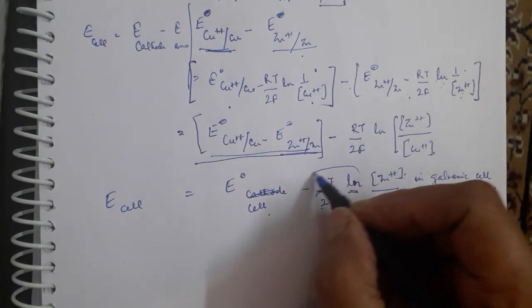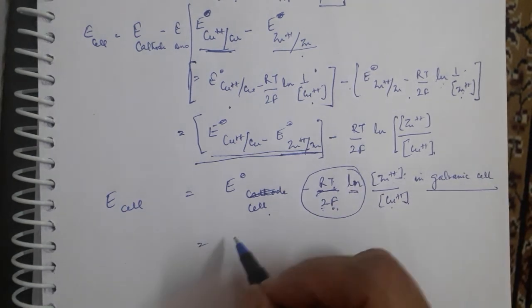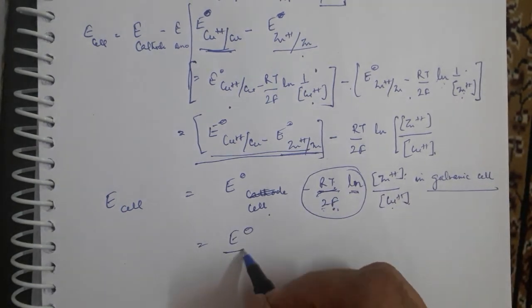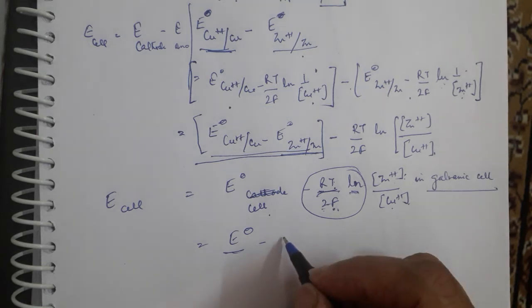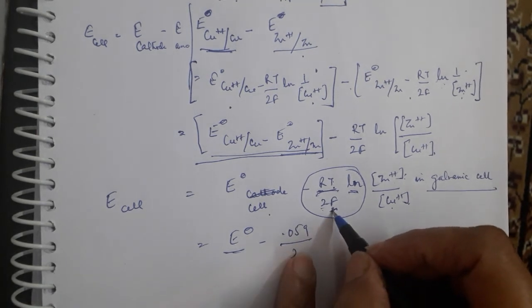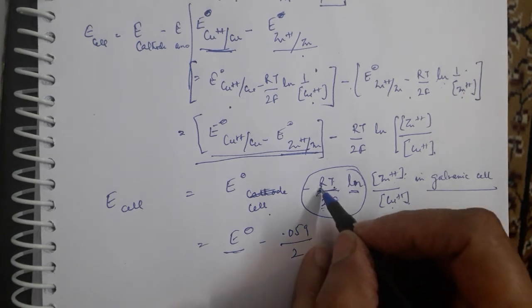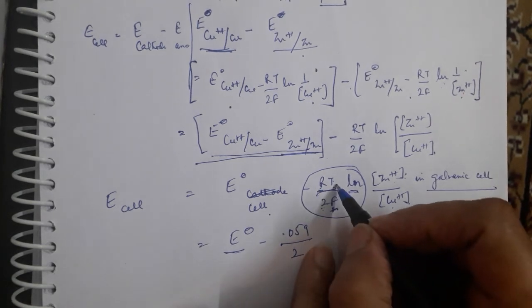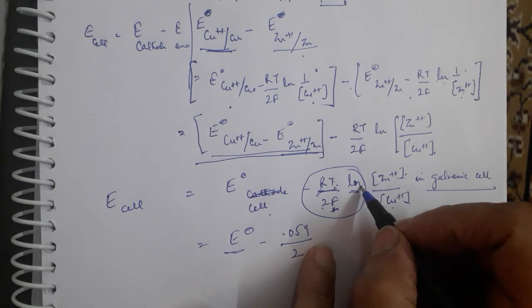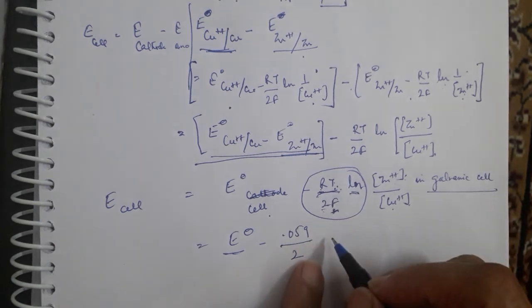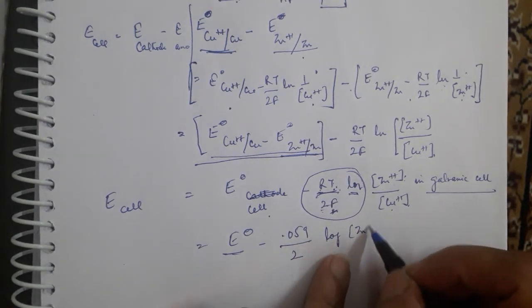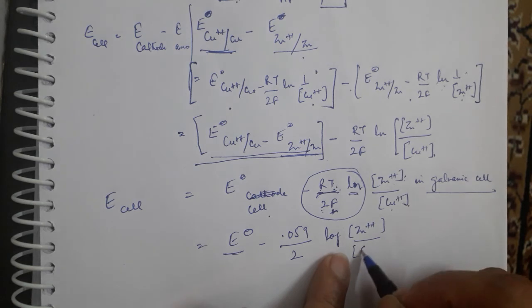So solving this term, what do we get? We get E0 cell minus 0.059 upon 2. F has also been substituted, 96500, 8.314 into 298, and this natural log has also been converted to log with the base 10, that is 2.303, multiplied by log zinc ions upon copper ions.